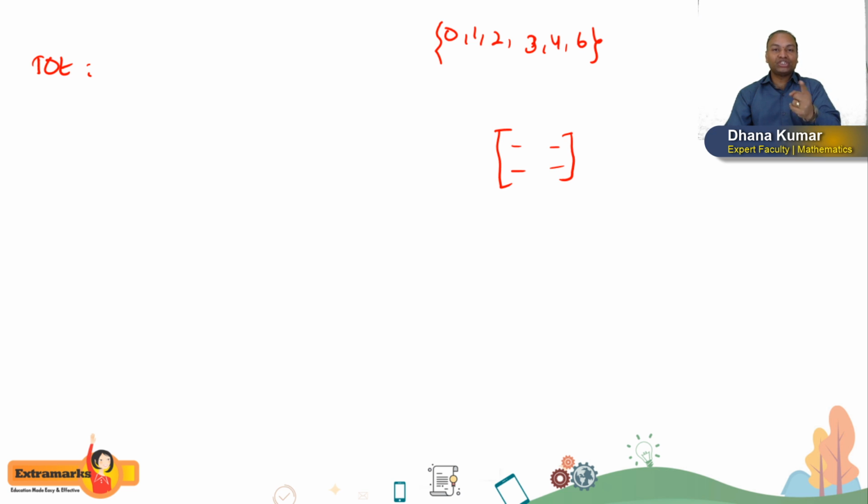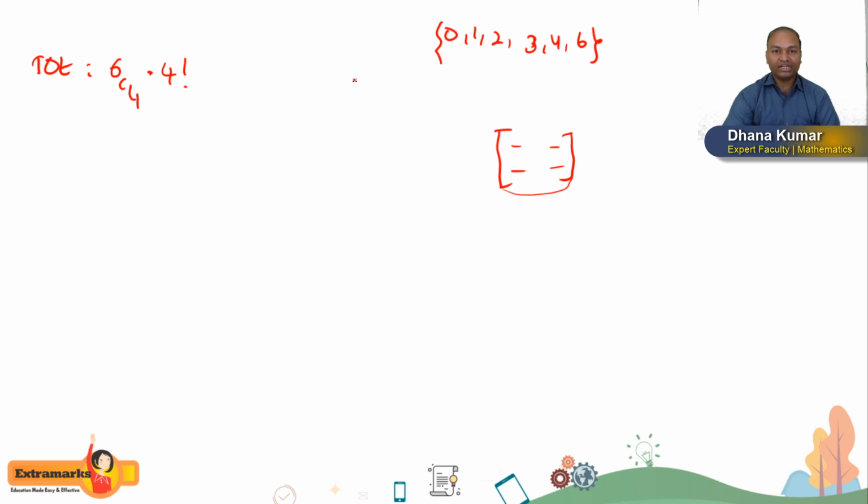Selection, apply which concept? Combination. Selection means combination. So out of 6 select 4, 6C4, into, internally you have to arrange 4 places. 4 elements can be arranged in how many ways? 4 factorial ways.